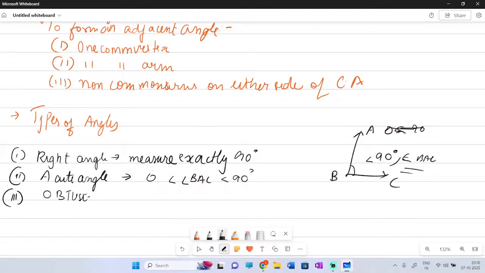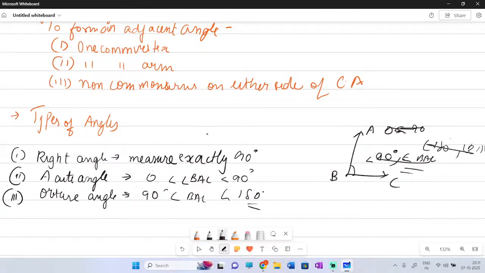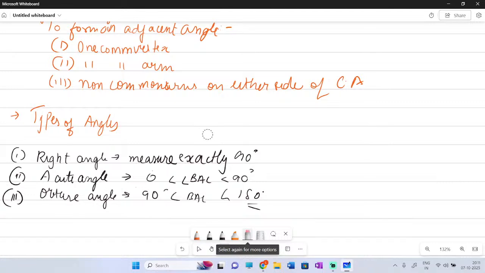Obtuse angle: 90 degrees less than angle BAC less than 180 degrees. So here you will write angle BAC less than 180 degrees, but not equal to 90 degrees. You can draw that.